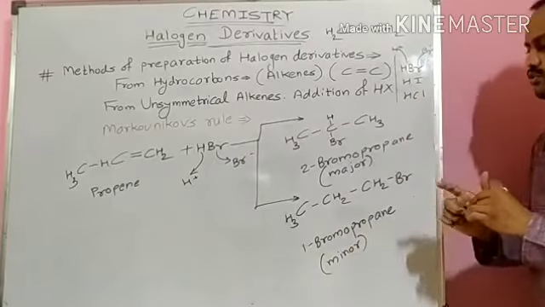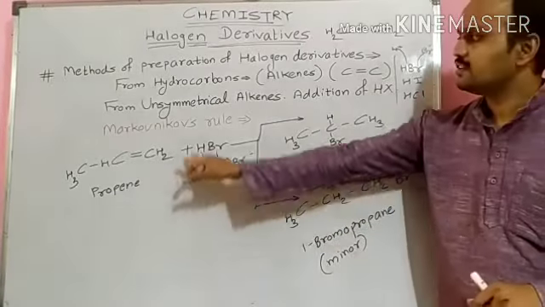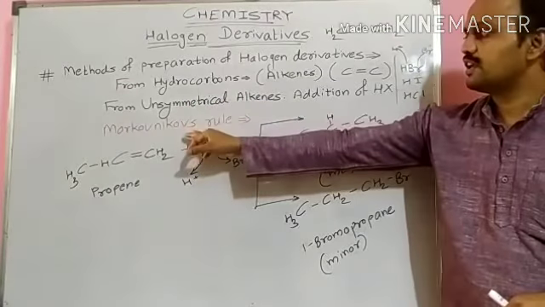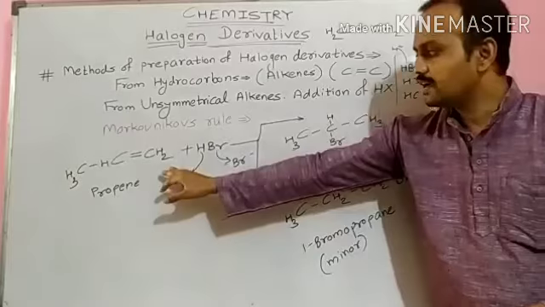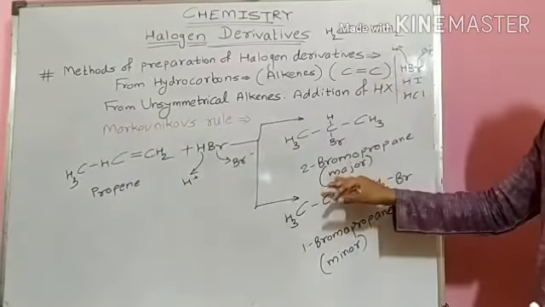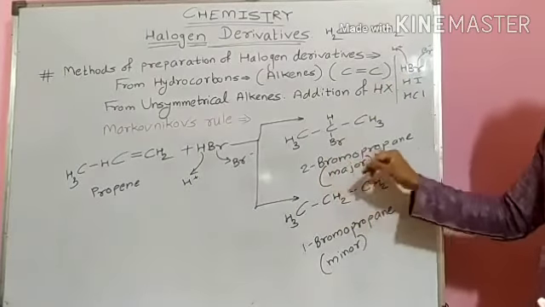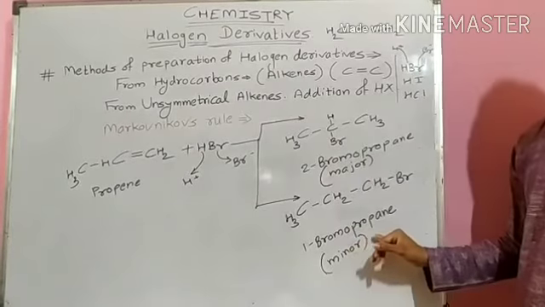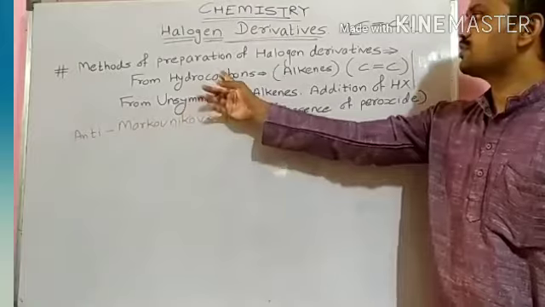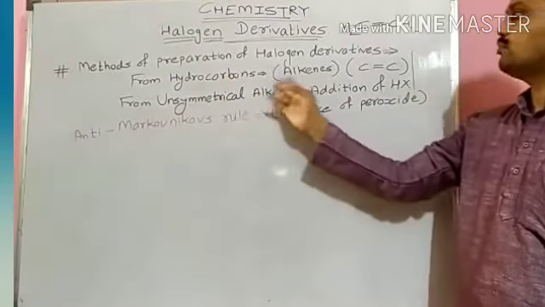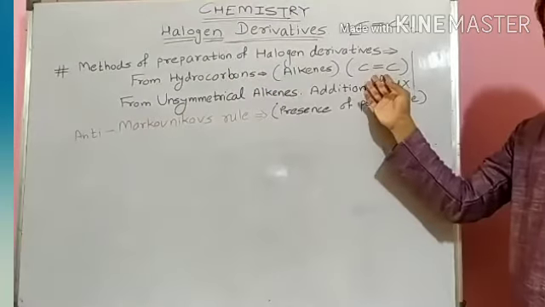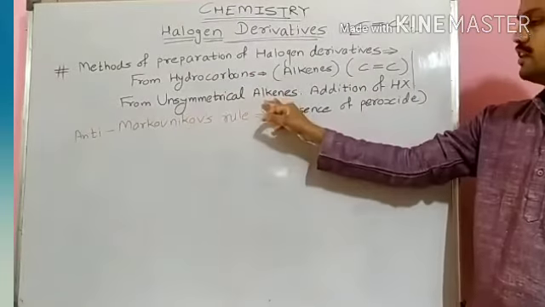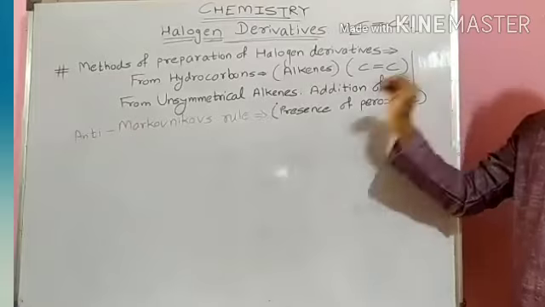So, in this video, students, we have explained the meaning of unsymmetrical alkenes, the statement and explanation of Markovnikov's rule, and the example, and we saw the major product 2-bromopropane and minor product 1-bromopropane. These are methods of preparation of alkyl halides from alkenes, that is carbon-carbon double bond, and the particular example of unsymmetrical alkenes, addition of HX.